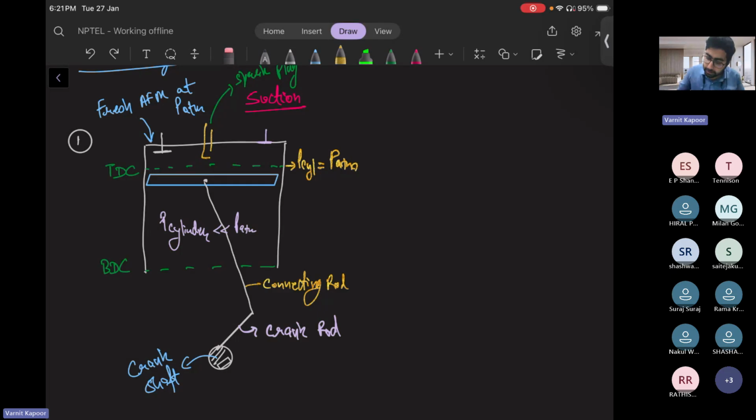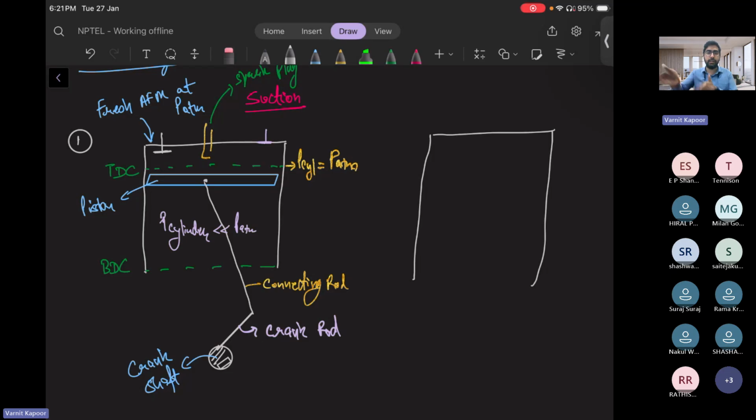The piston, I'll make this your piston, basically moved down. An inlet valve is open. Make sure the exhaust valve is closed, whereas the inlet valve is open during the suction process. You don't want whatever enters to immediately leave.